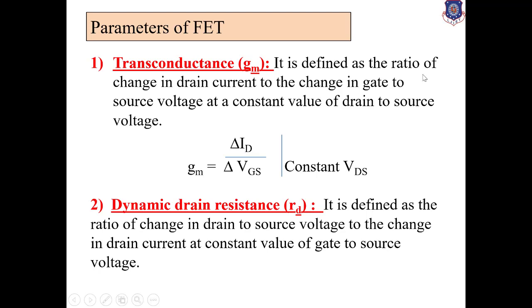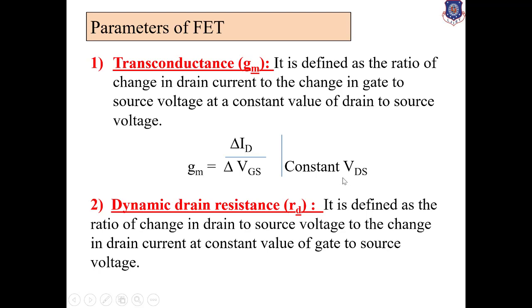Again I am repeating the definition. It is defined as the ratio of the change in drain current to the change in gate to source voltage at a constant value of drain to source voltage. This is very important. I have mentioned here constant VDS by drawing this mod sign, right?